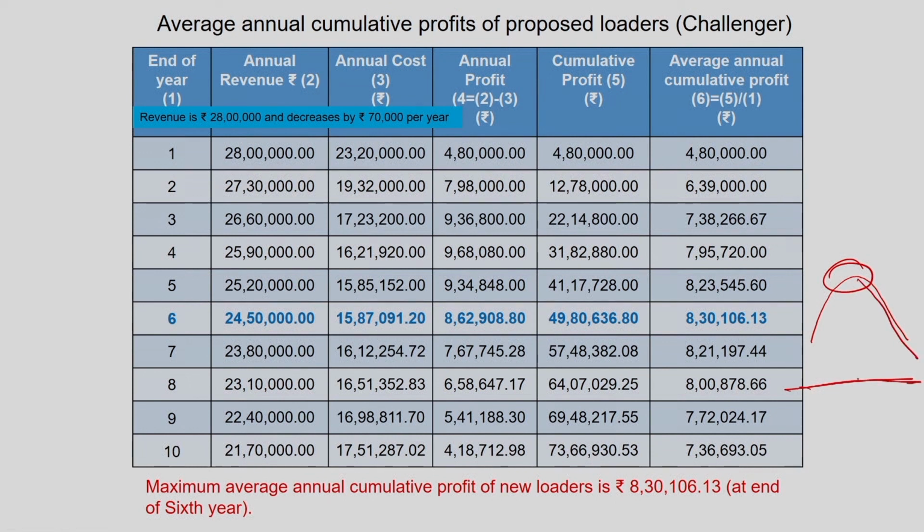So the duration for which your profit is maximum, that is your economic life. You can see it is increasing, reaches the maximum point, and after that it starts decreasing again. So this is the economic life for your challenger, 6th year.